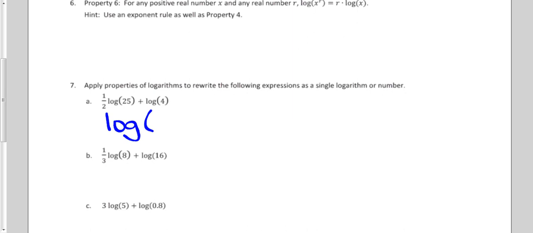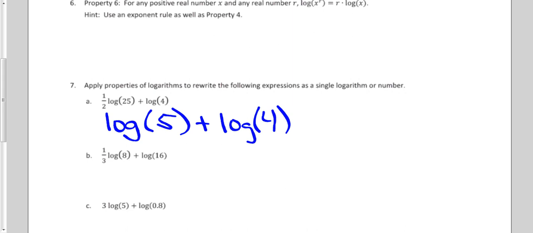What do you think, Jesse? Yes, it's square root. So what is the square root of 25? 5. So this is just 5, right? Nice. And then it's plus log of 4.